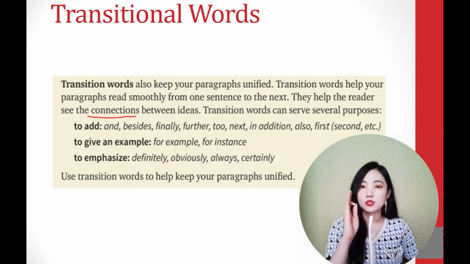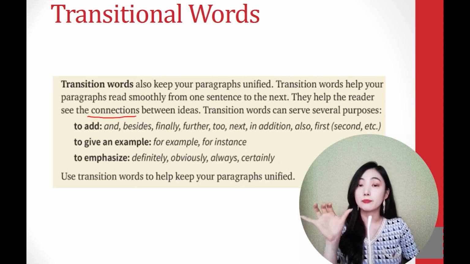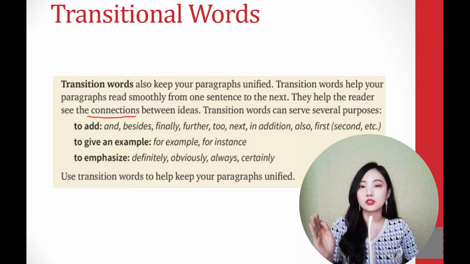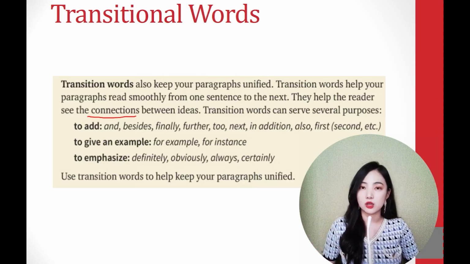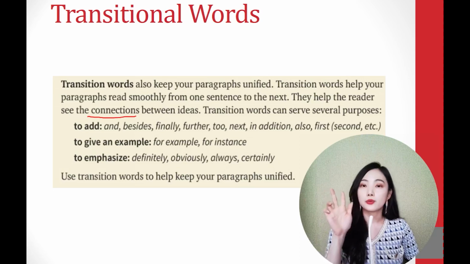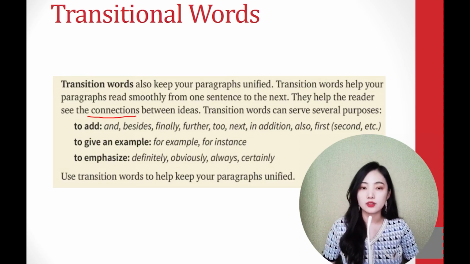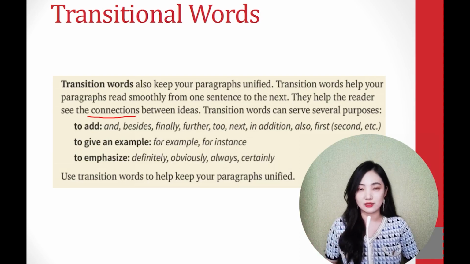So topic sentence 1, topic sentence 2. It looks a little bit different, but they are also relevant, which means there is unity and there is a connection. So in order to make the connection smooth, you use some transitional words. There are 3 functions for transitional words. First one is to add a new idea.